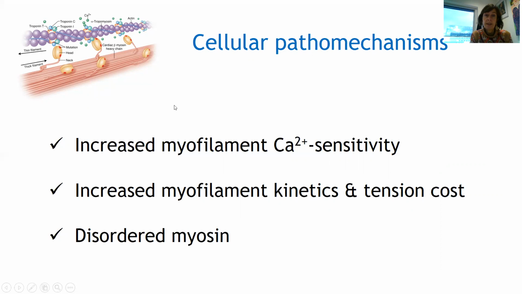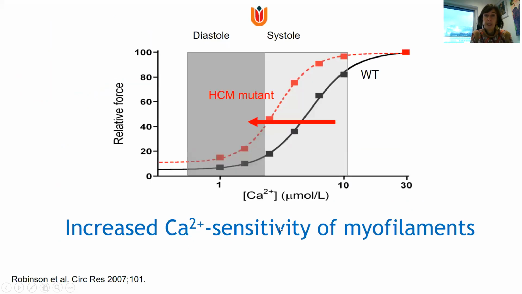And I'll pass these three changes. So myofilament calcium sensitivity, the myofilament kinetics and tension cost, so how much ATP is consumed, and the status of the myosin heads.